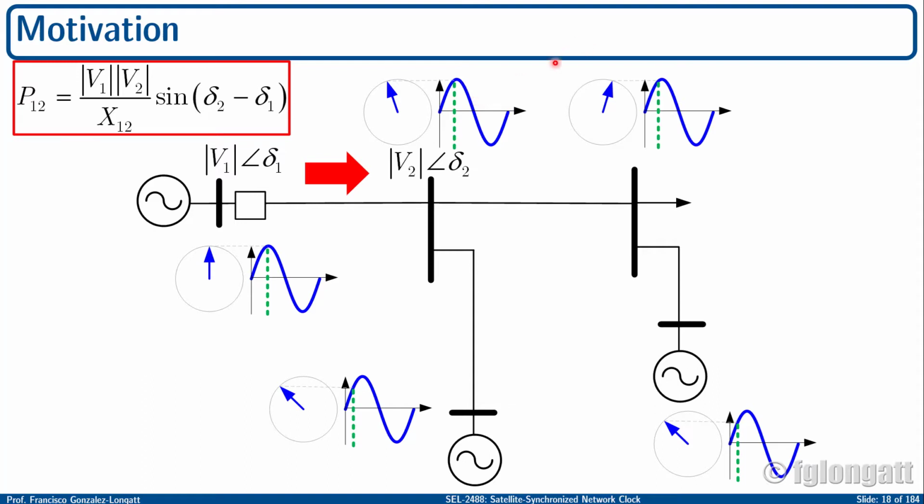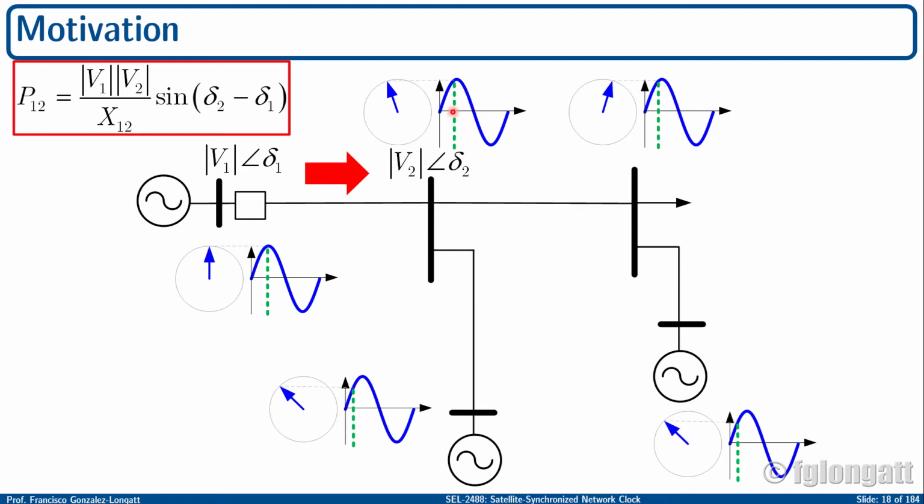As you can see over here, I am presenting in this bus bar a phasor that is slightly to the left, and we can say that angle is delta 2. However, what is the understanding of this delta 2? Well, if you go back to the time domain representation, there is a green line, and that green line is representing the time for that very specific instantaneous voltage.